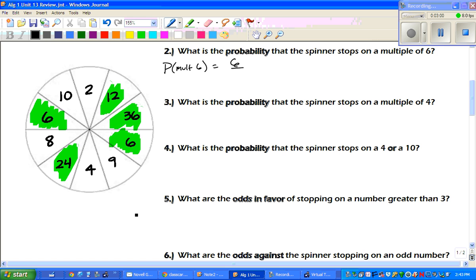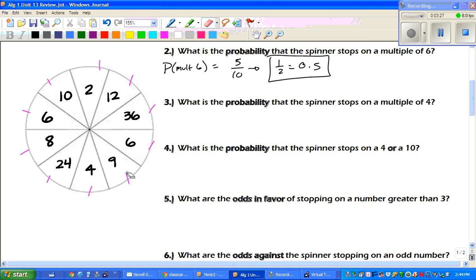So there's a possibility of 5 out of 1, 2, 3, 4, 5, 6, 7, 8, 9, 10. Mr. Grice needs to learn how to add. Okay, 5. Reduce the fraction, and then tell me what it is as a decimal. Okay?